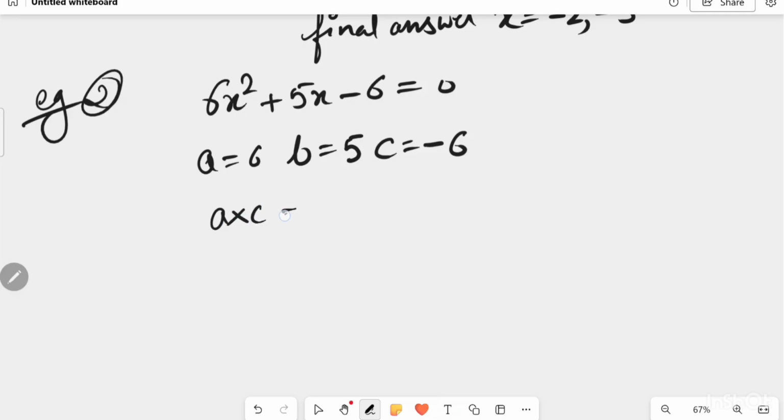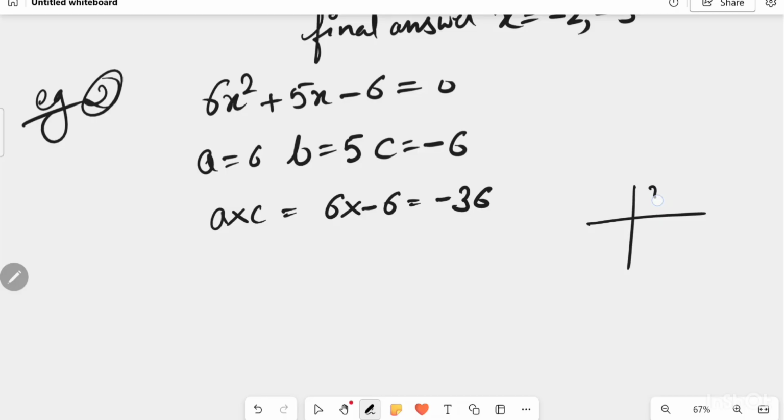A into c, that is 6 into minus 6, we will get minus 36. Now we have to find two numbers whose product is minus 36, and when we add them, we get 5. So how will we find them?